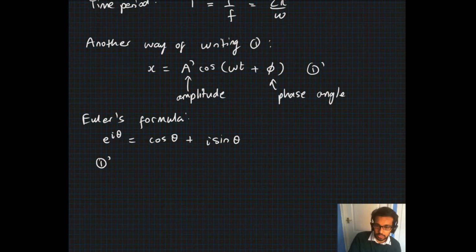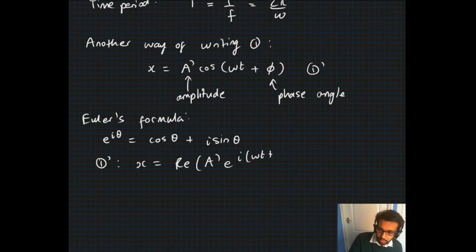So this can be written as x equals the real part of a prime e to the i omega t plus phi. Okay, so we're using the real part, which just gives us the part of this term which is only real, so we're getting rid of this i term just because we want to only be left with the cosine like we had here. And you can see that this phase, this angle theta, is now omega t plus phi.